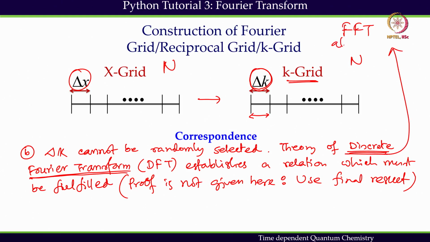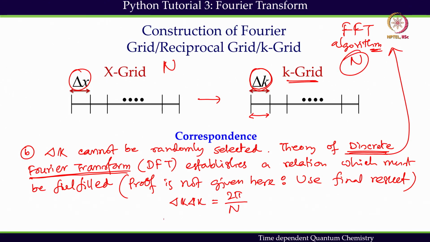The FFT algorithm is based on the discrete Fourier transform theory, and it shows that delta k times delta x has to be 2 pi by n, where n is the number of grid points.